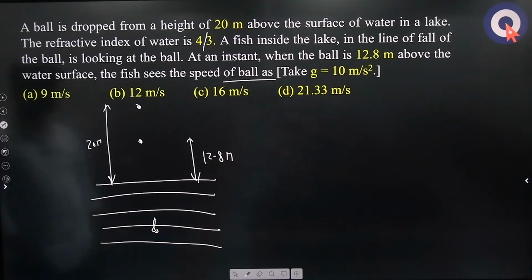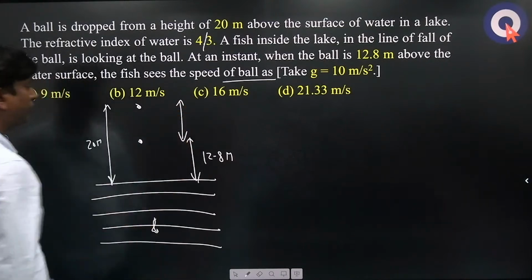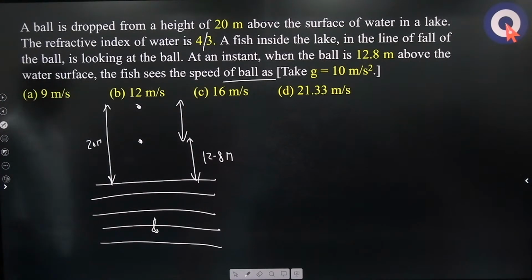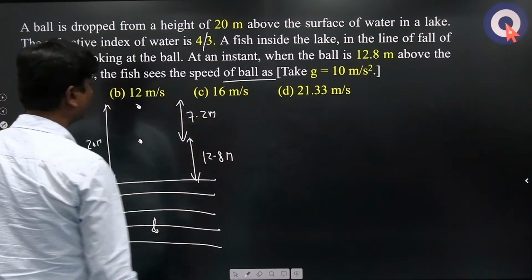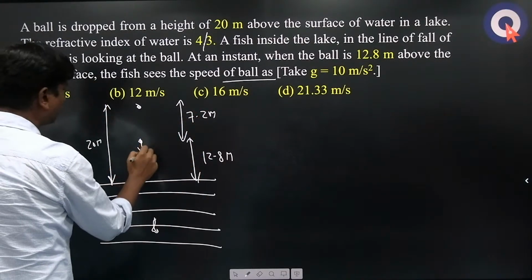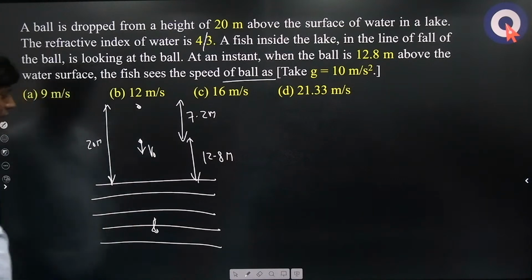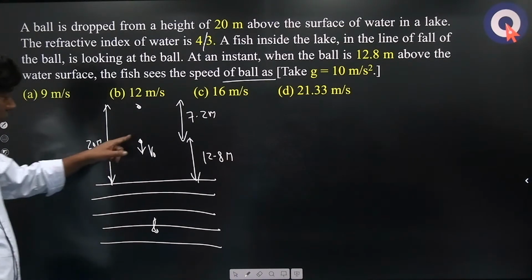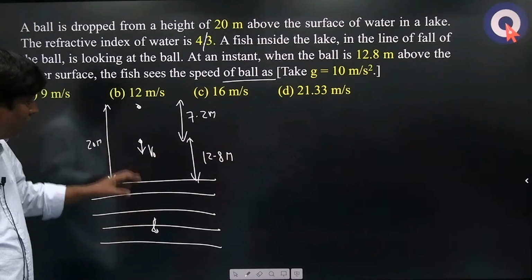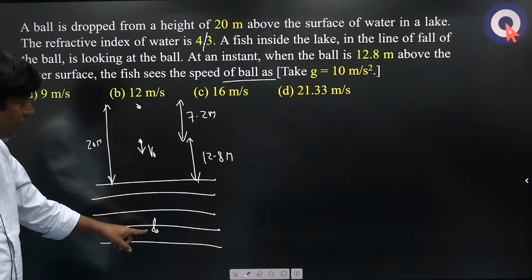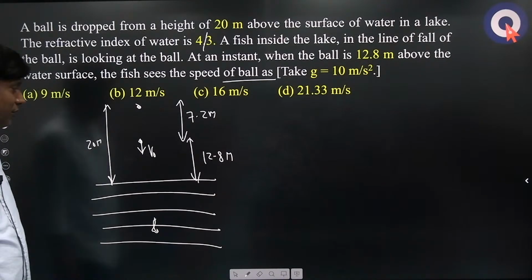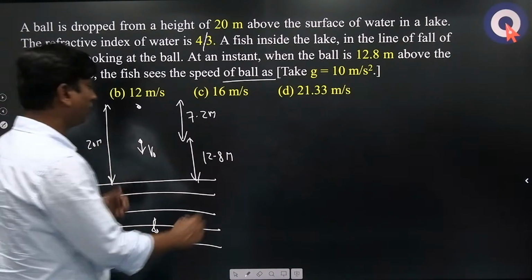So that means it has already fallen 20 minus 12.8, 7.2 meters. So just find out the velocity of the ball. Once you know the velocity of the ball, accordingly you can find the velocity of the ball as observed by the fish. That is the question for us, right? So let us find the velocity of the ball.